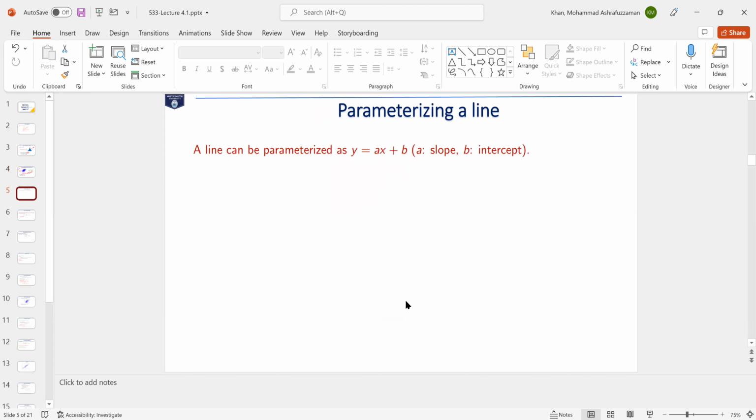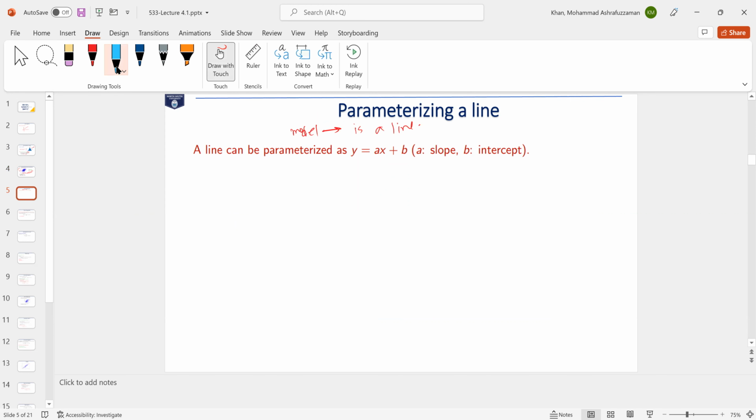Normally we plot some lines, so our model here is a line. If we want to draw a line, this is the equation for a line.